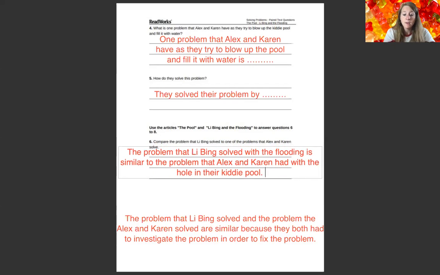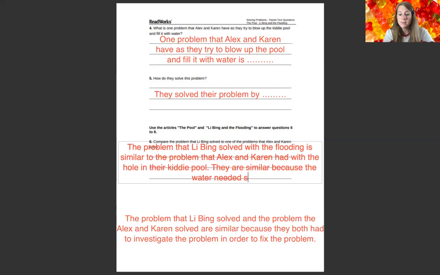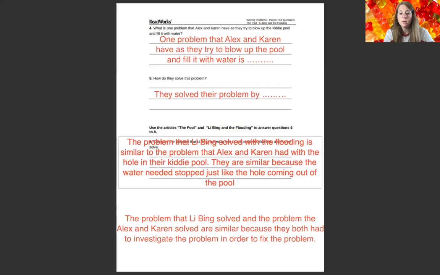So they are similar because the water needed stopped, just like the air coming out of the pool needed stopped.